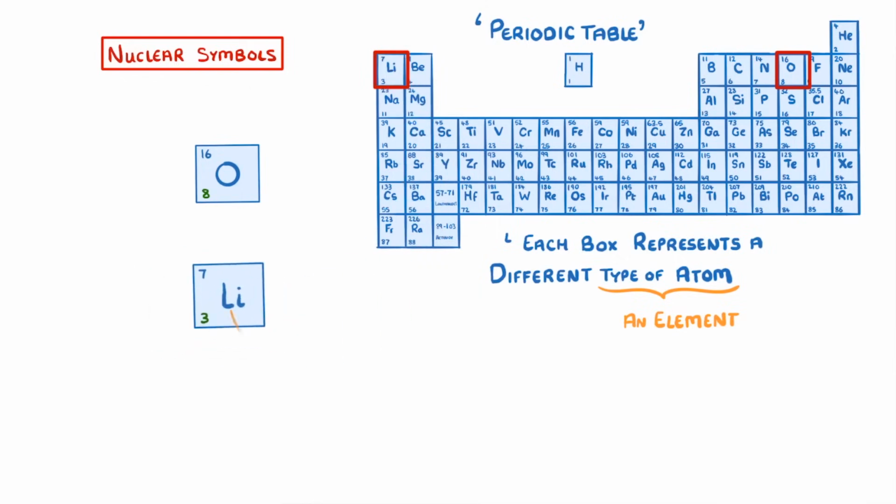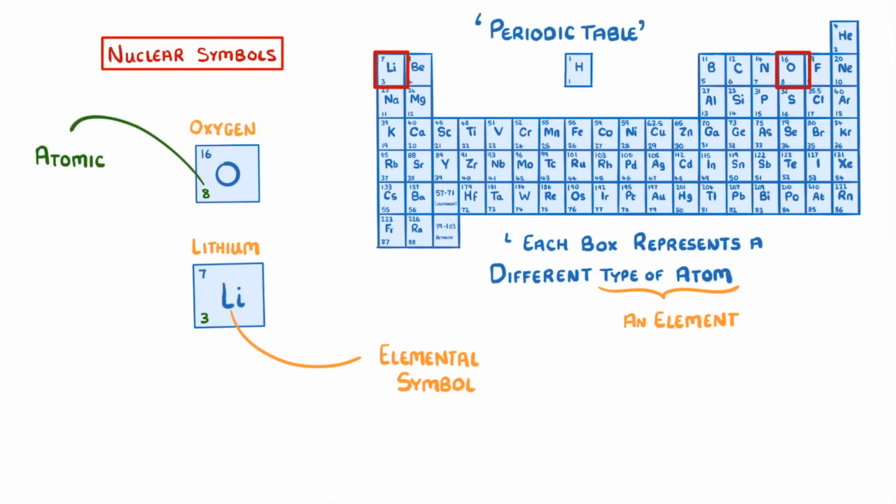The first thing to notice is the elemental symbol, which is the 1 or 2 letter symbol that represents that element. So O represents oxygen, and Li represents lithium. Then in the bottom left corner, we have the atomic number, which tells us how many protons the atoms of that element have.